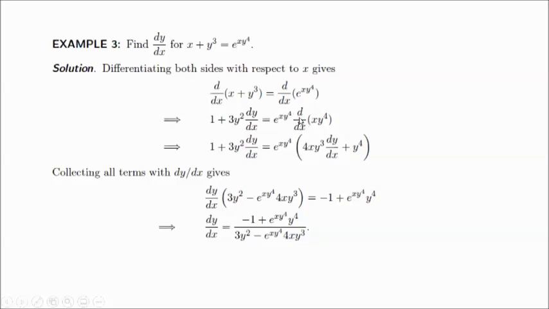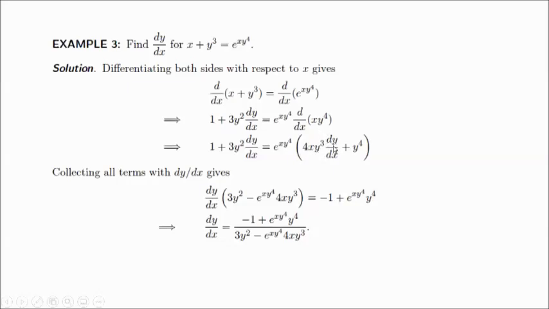Kaya dito, derivative ng xy to the 4. Okay? So as it is, and then dito, since x multiplied by y raised to the 4th, product rule again. So retain muna si x, and then derivative ng y to the 4th is 4y cubed. So inuna niya yung x and then dinerive yung y, di ba?